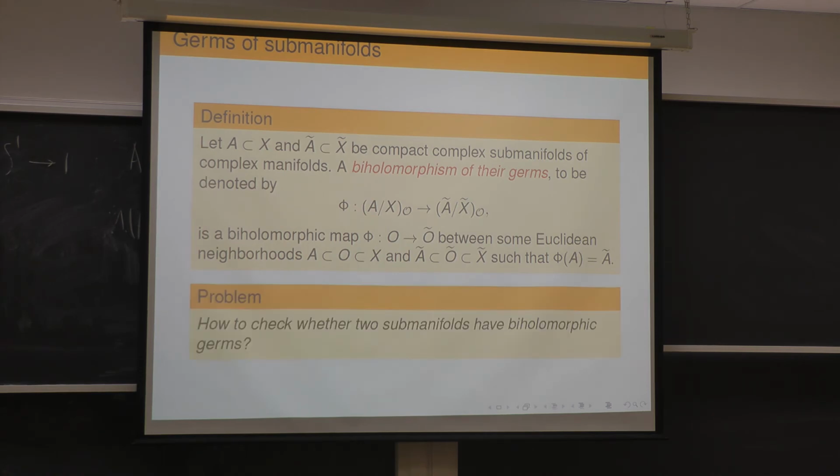And the question is how to check this when you are given two compact complex submanifolds: how to check whether they have biholomorphic neighborhoods or not. That's the basic question. It's sort of the basic problem in complex geometry.